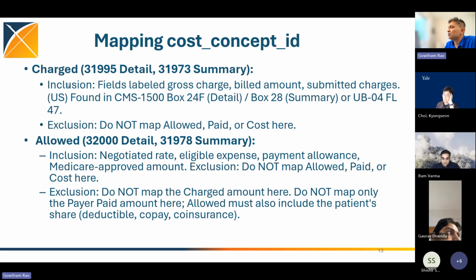How do you know it's charged? Well, they will have words that say something like gross charge, billed amount, submitted charges. In the US, in the CMS 1500, that'll be box 24 or box 28, or in the UB04, it'll be form locator 47, and they have descriptions for it.